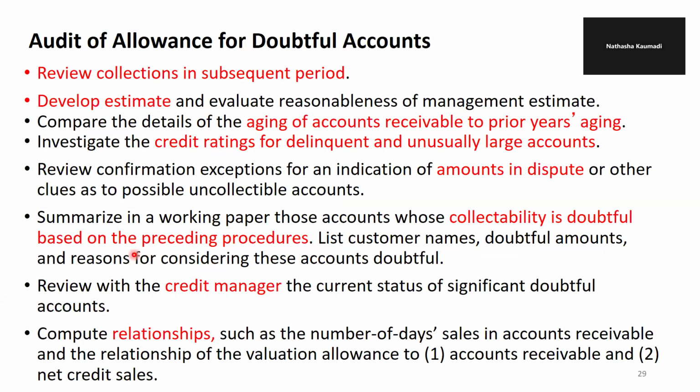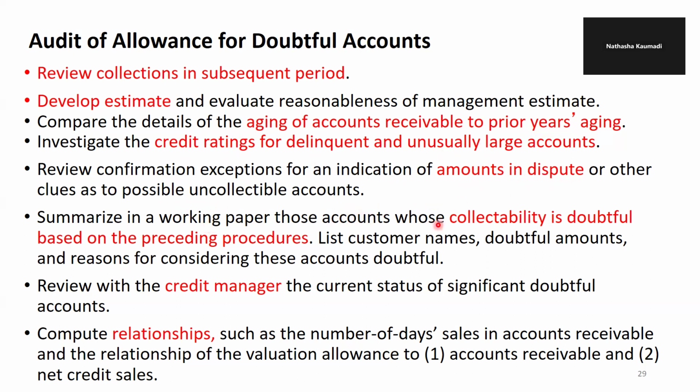And then when it comes to doubtful accounts, allowance for doubtful accounts, basically impairment of trade receivables: review collections in the subsequent period, develop estimates, compare the details of the aging of accounts receivable to the prior year aging, investigate the credit ratings of these large accounts, and then review confirmation exceptions for an indication of the amount of dispute. When you have confirmations and there are exceptions, you are reviewing the reasons.